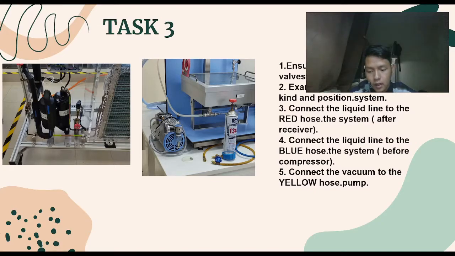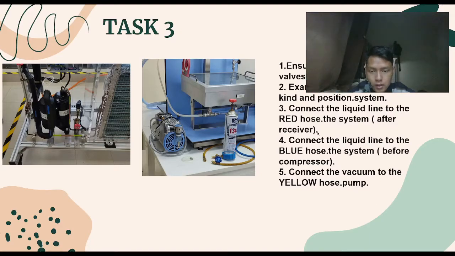Next, technically explain how to read the air conditioning gauge. The third is technically explain the purpose for each process. Technically explain how to check leakage in the air conditioning system. Technically explain the possible cause if the blue air conditioning gauge reading is below 0 degrees Celsius.